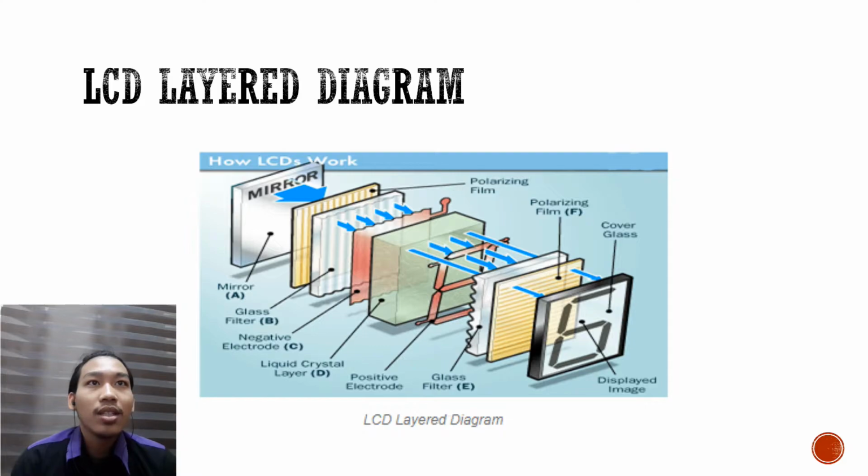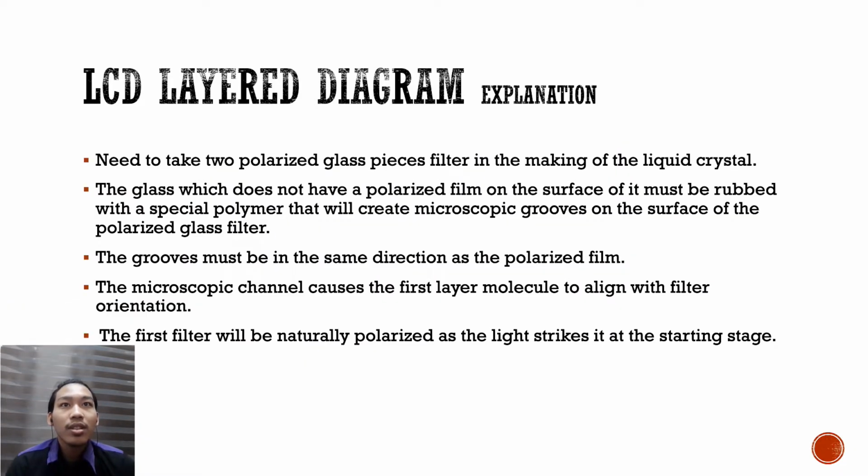So, the LCD layer diagram. For the LCD layer diagram explanation, we need to take two polarized glass filter pieces in the making of the liquid crystal. The glass which does not have a polarized film on its surface must be rubbed with a special polymer that will create microscopic grooves on the surface of the polarized glass filter, and the grooves must be in the same direction as the polarized film.